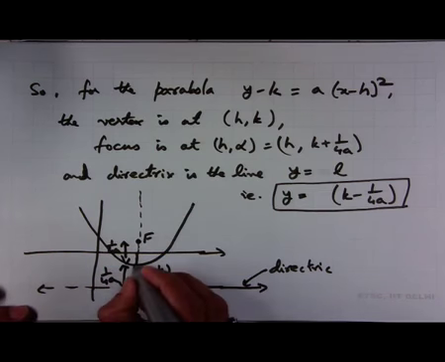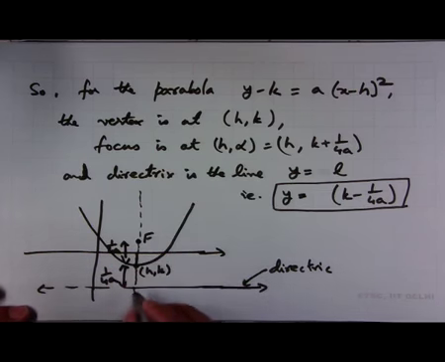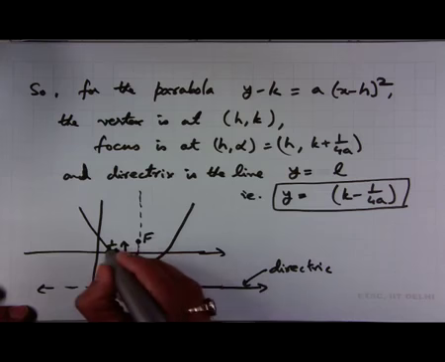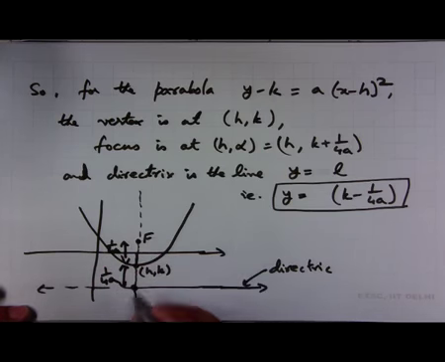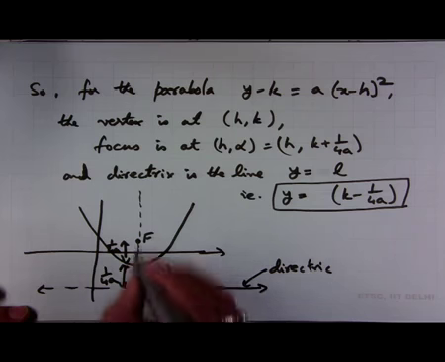We know that the vertex is the midpoint between the focus and this point on the directrix. So the distance between focus and the directrix in this case is 1 by 2a.